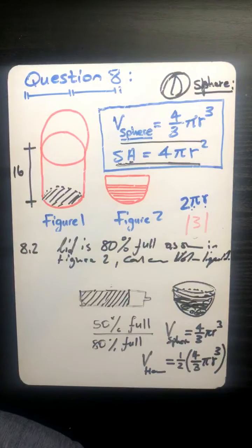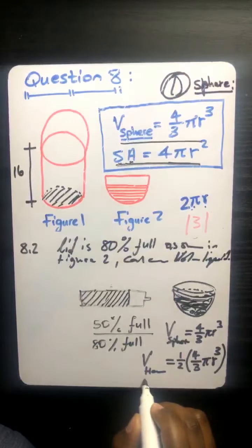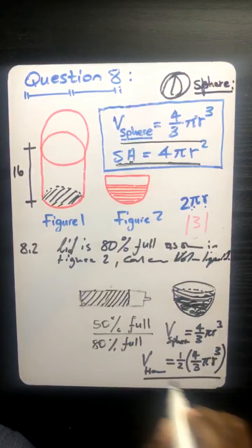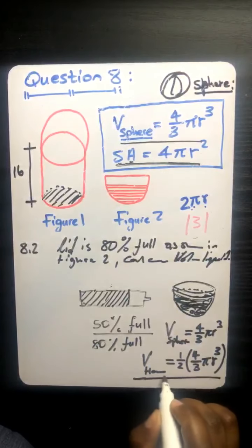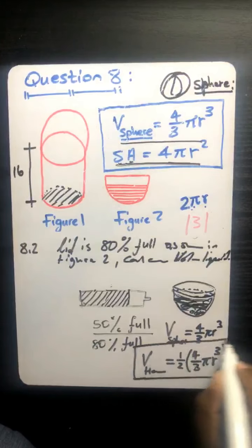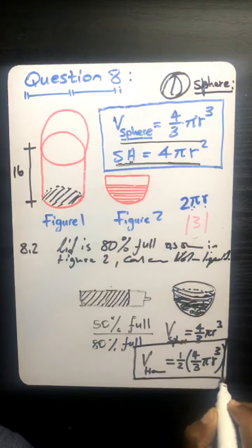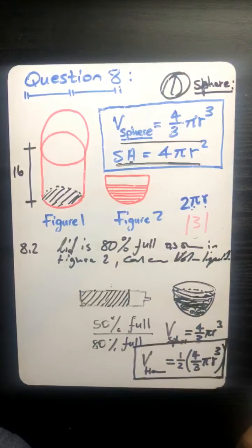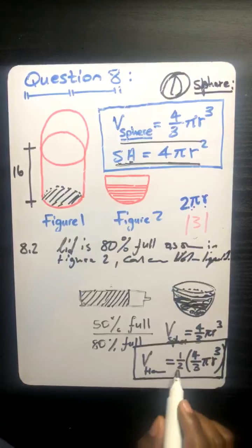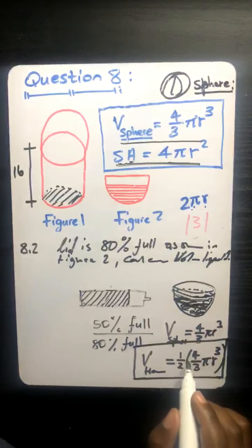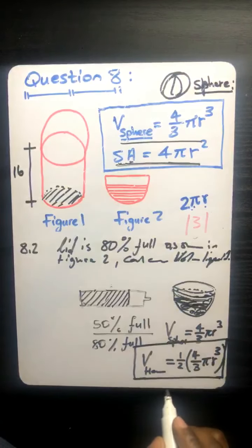Okay, 100%. So now this is the formula for when a hemisphere is full.